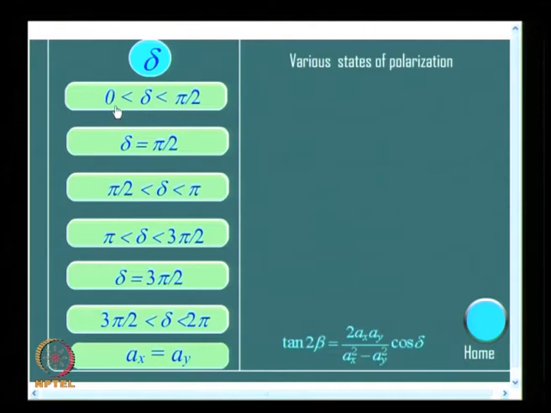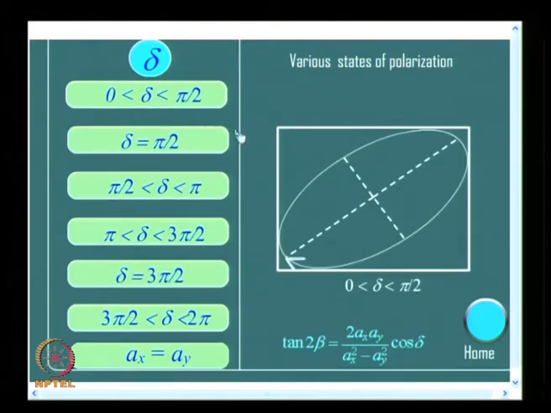And what we are looking at here is, in the range 0 to pi by 2, when delta is neither 0 nor pi by 2 but within this range, you have an ellipse like this. I want you to make a sketch. You will have a sketch for all of these cases, and also note down that this is rotating in a clockwise direction.